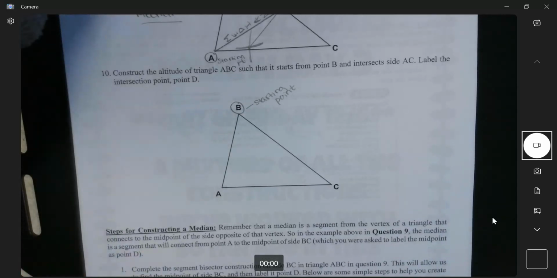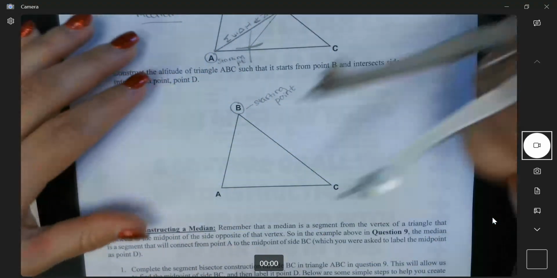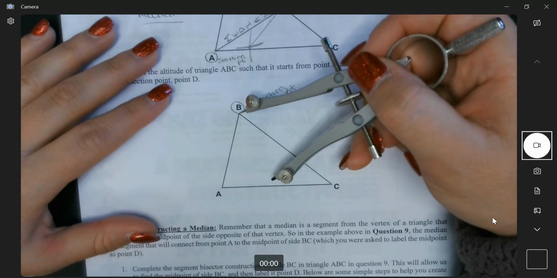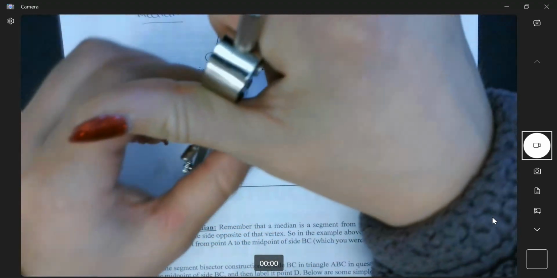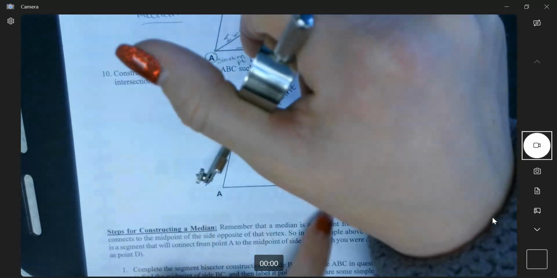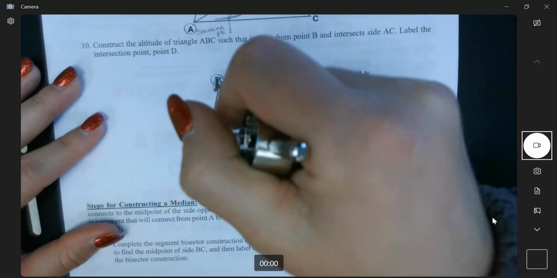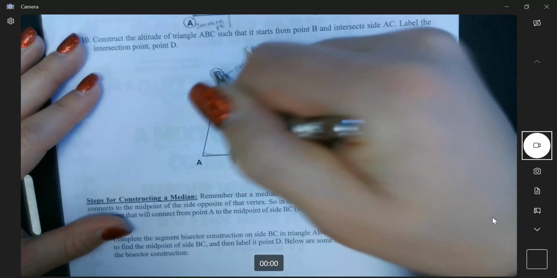So what I'm going to do is start by taking the point of my compass and placing it on B. I'm going to make sure that I stretch this a little bit more. I'm going to make an arc so that it touches AC twice. So that's too small.